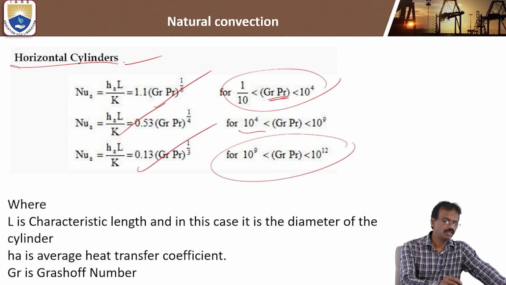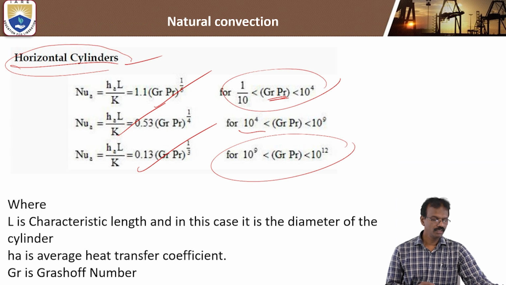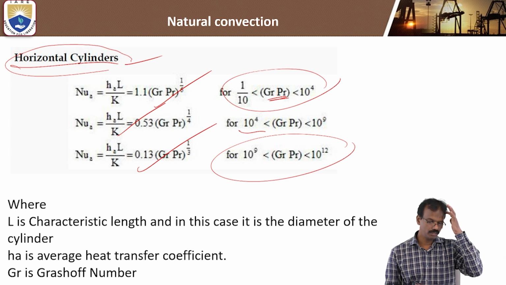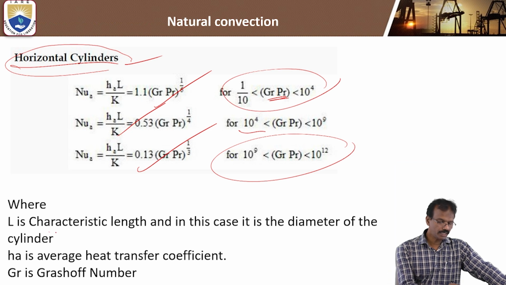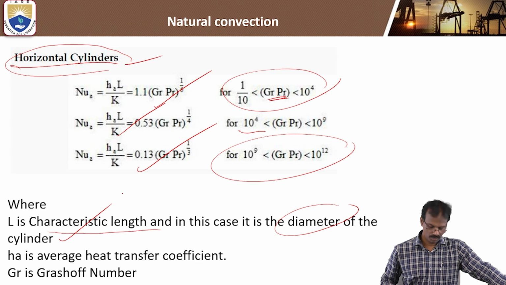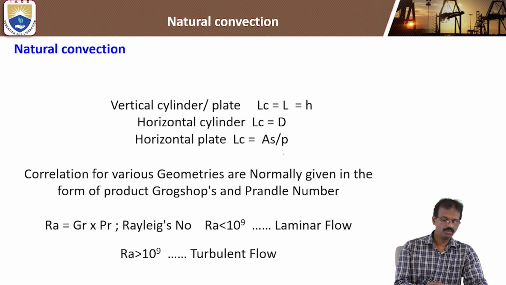So these are for the geometry of horizontal cylinders. Okay. In case of vertical cylinders, you can prefer the previous formulas. For horizontally positioned cylinders, you can take these formulas. Okay. L is the characteristic length in this case, so it is the diameter of the cylinder. So you can use these formulas.